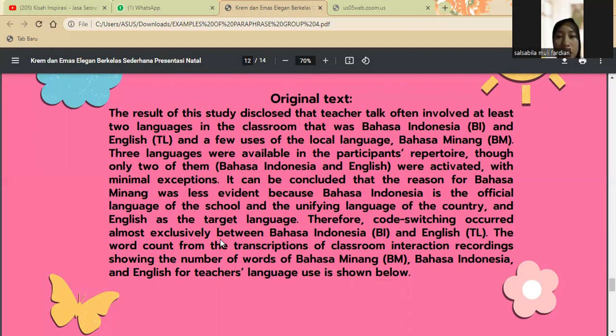Therefore, code switching occurs almost exclusively between Bahasa Indonesia and English. The word count from the transcriptions of classroom interaction recordings showing the number of words of Bahasa Minang, Bahasa Indonesia, and English for teachers' language use is shown below.